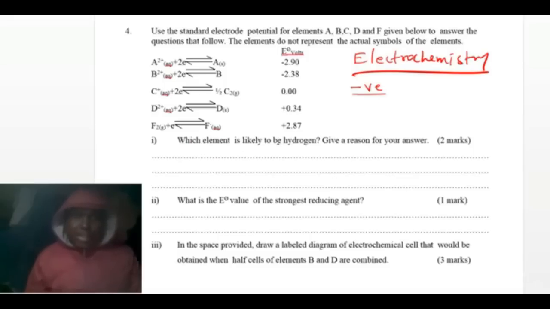Which element is likely to be hydrogen? Give reason for your answer. The element that is likely to be hydrogen is C. Why?